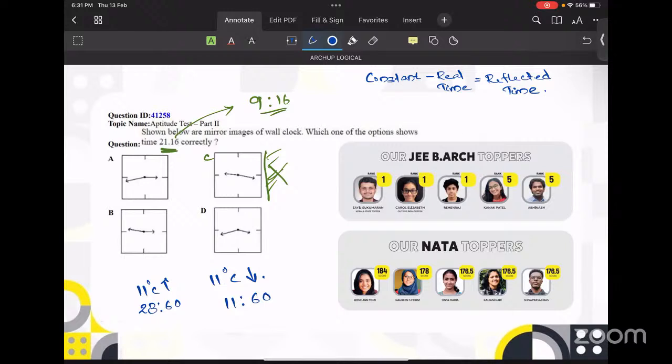So in this question, what is the time? 21:16. So we will use the constant 23:60 minus 21:16. The time will be 2:44 on the reflected clock.